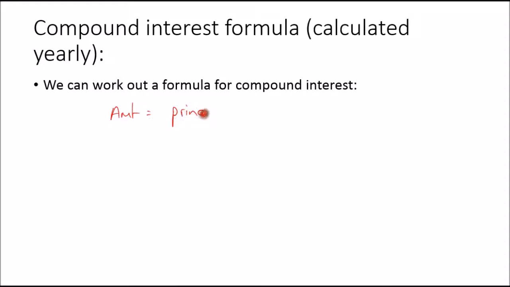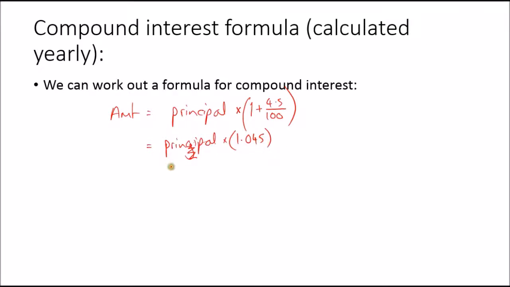Another way of writing that it's the principal plus the interest is saying that it's the principal times 1 plus the interest as a decimal, so 4.5 over 100 in this case. So if I simplify that a little bit, the amount equals the principal times 1.045. Okay, hopefully you're with me so far.